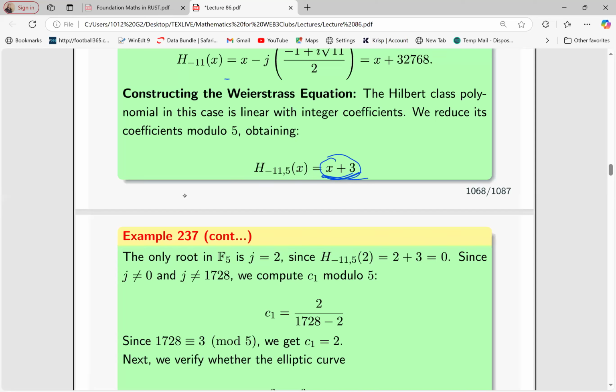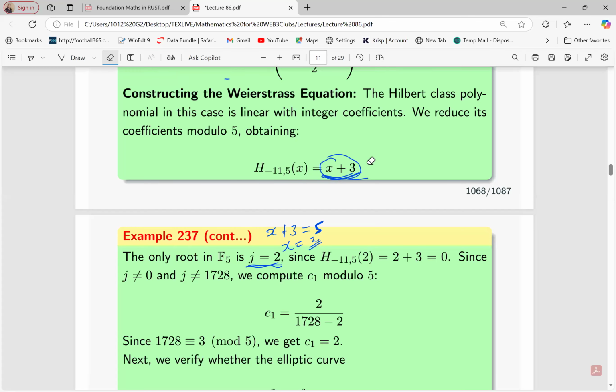So to get x mod 5, we just equate this to 0 or to 5, because 5 is the same as 0 mod 5. So when you do this, you find that x will be 2. Our x is 2. Therefore, that is our J.